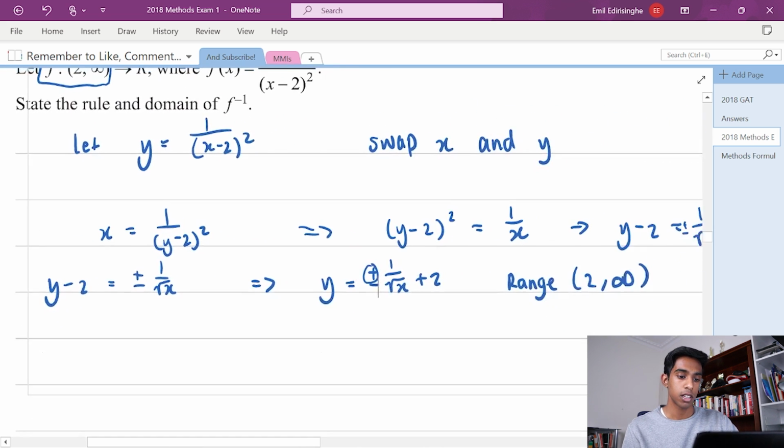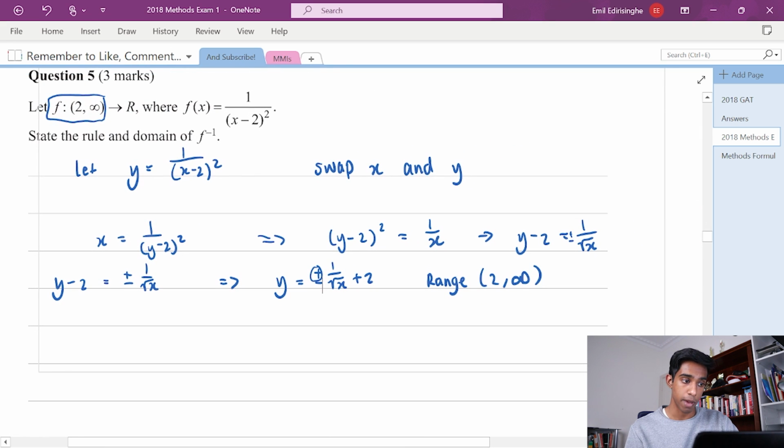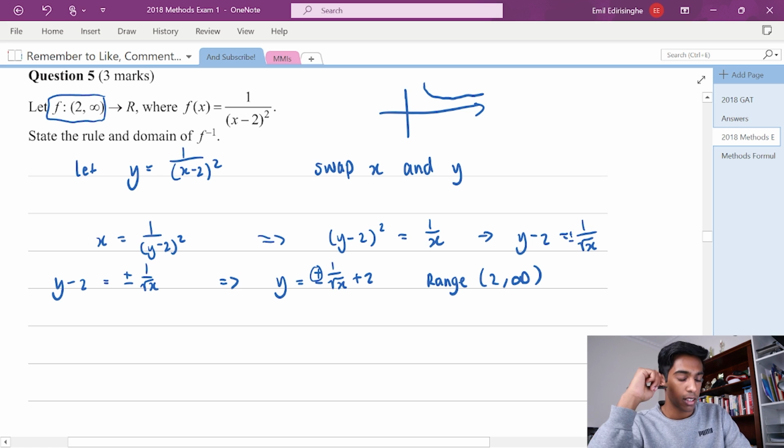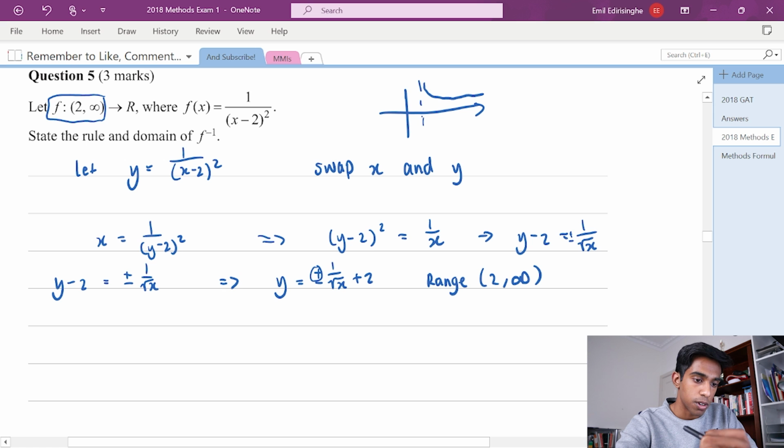So therefore, the next thing I have to find is the domain of this inverse function. And the way I'll do that is by having a think about what the range of the original function is. So with the original function, we know that it looks something like this. Oops. Something like this. And where this is an asymptote at 2.